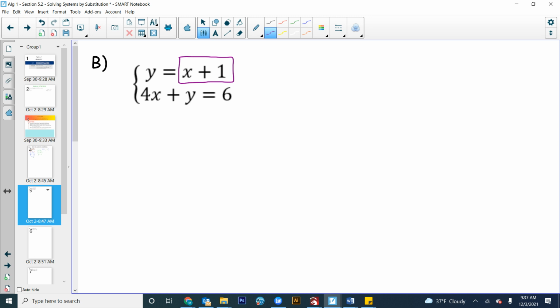Where do I want to put it down here? In place of what, guys? What does this equal? Y equals x plus 1. So down here, I want to put this in for that. So that's all I'm going to write. 4x plus y, but instead of y, what is my y? X plus 1. And there's my first substitution.